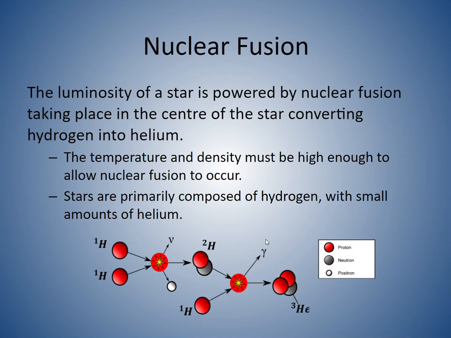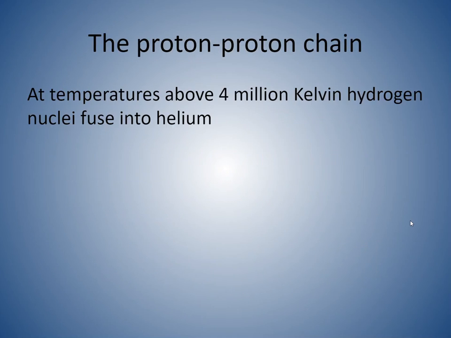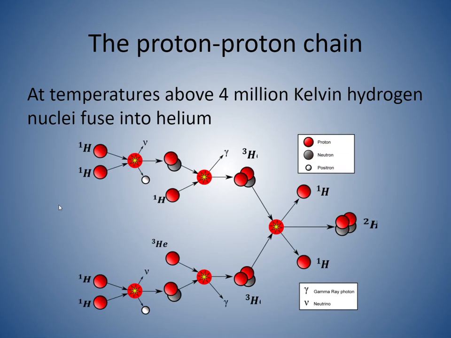This thing right here is supposed to be a photon, and it's energy being released. Okay, so again, you see the process here. I'm not going to ask you about the very specific details. The general thing I want you to know is that hydrogen forms into helium.